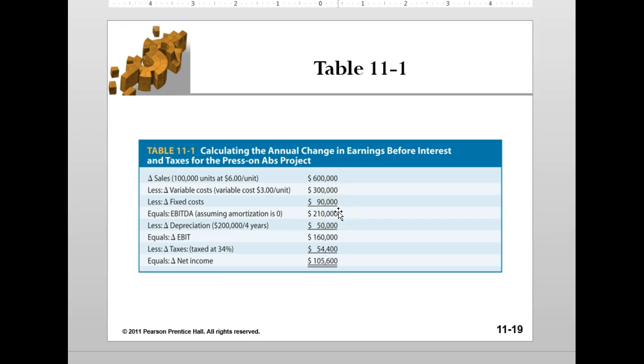This gives you income before interest, taxes, depreciation, and amortization. And you have that. So this equals your earnings before interest and taxes of $160,000. Take out your taxes, so you have a net income, which is what you're looking at for your cash flow, I believe, of $105,000.